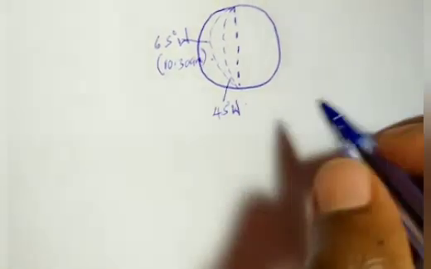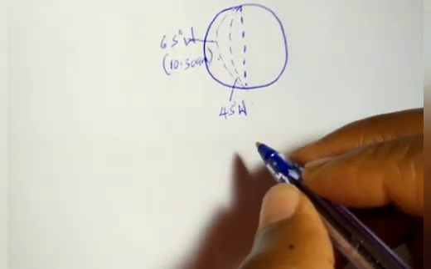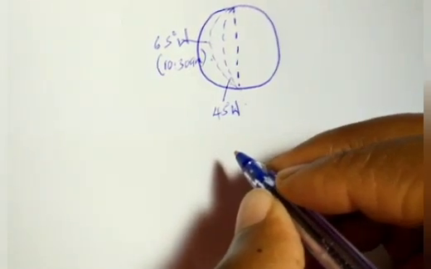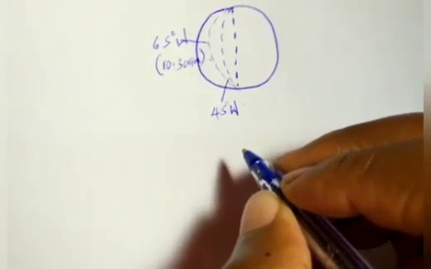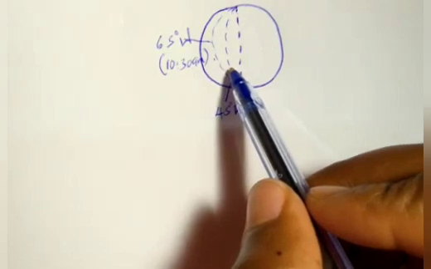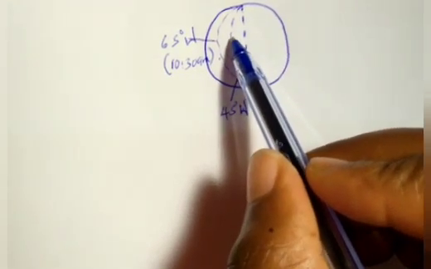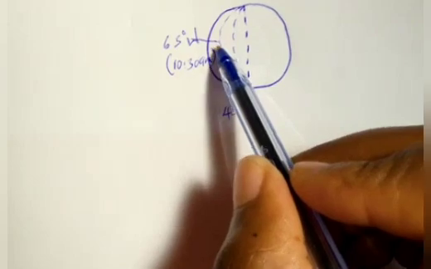So we have already derived the relation that we'll be using here. So before that, we need to know the longitude difference, the difference in degrees between this longitude and the other longitude.